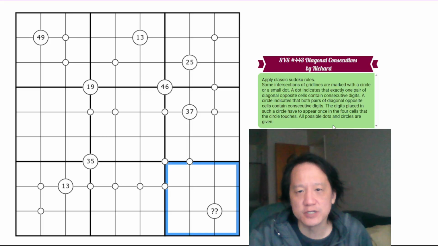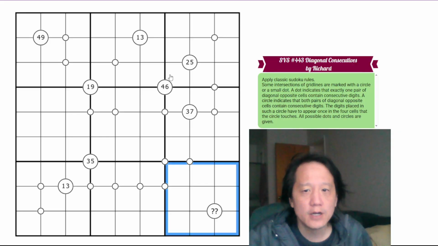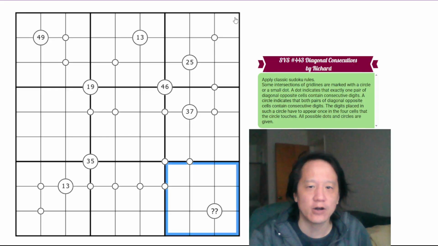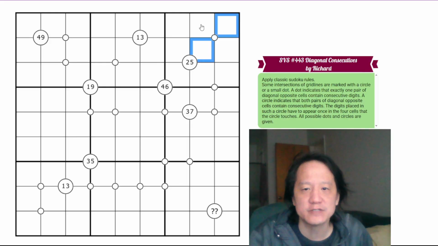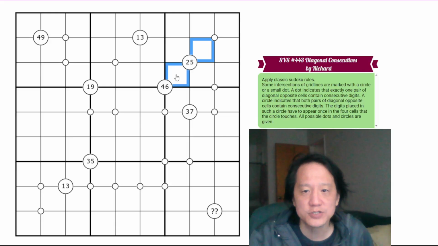Some intersections of grid lines are marked with a circle or a small dot. A dot indicates that exactly one pair of diagonal opposite cells contain consecutive digits. A circle indicates that both pairs of diagonal opposite cells contain consecutive digits.